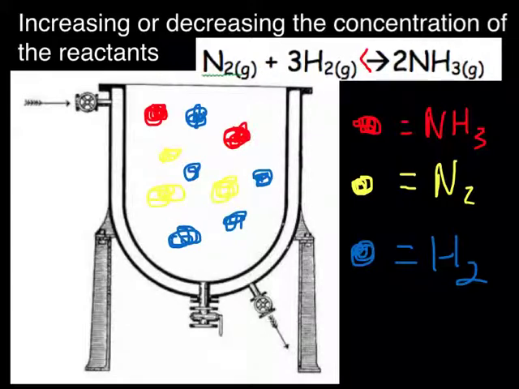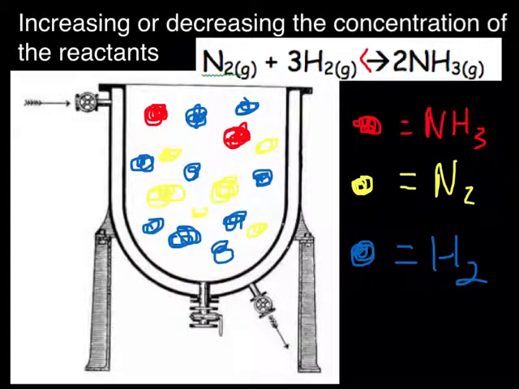Now what you're going to do is you're going to draw a new equilibrium system with more reactants. Okay, so you're going to draw another picture now showing that we've increased the concentration of the reactants. So I'm going to add more of these. And get my yellow back. More of those.